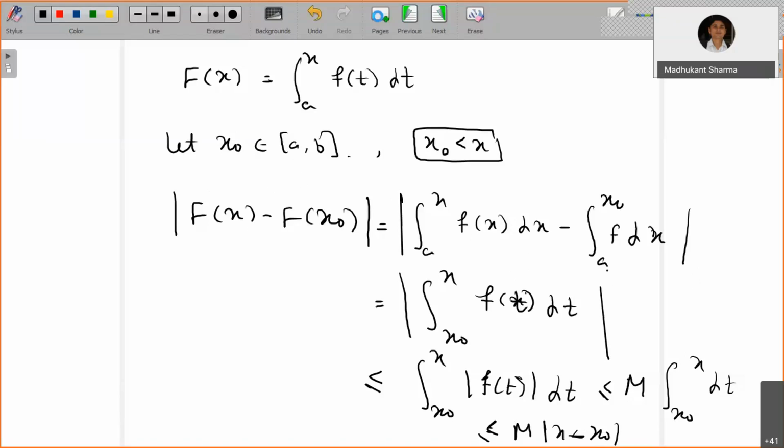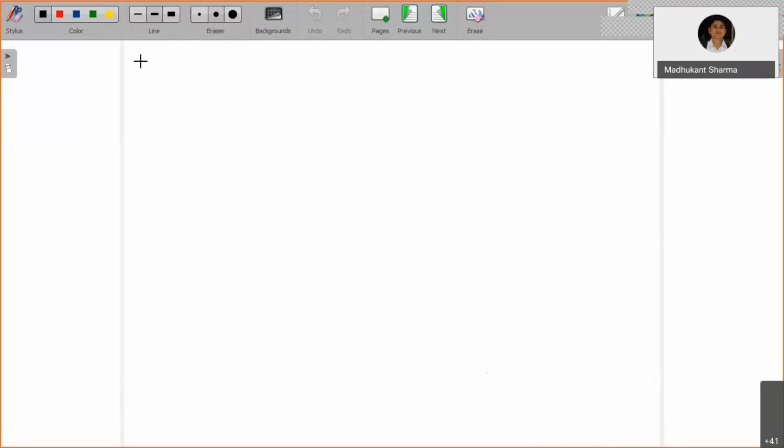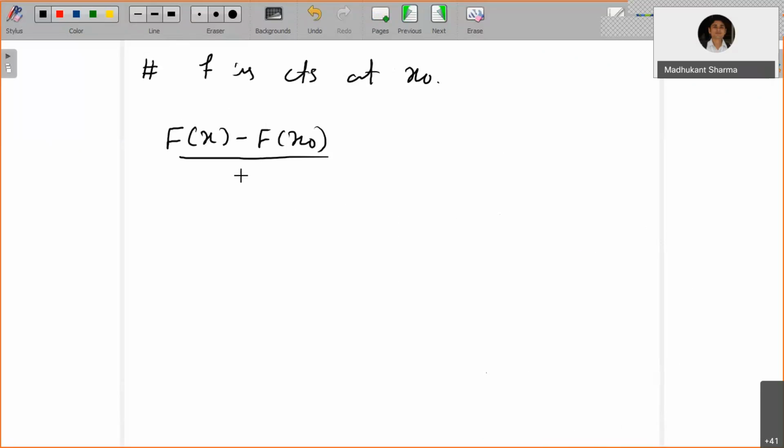Now, if you attach the part that small f is continuous at x naught, then you work with this: F of x minus F of x naught divided by x minus x naught, minus f of x naught.